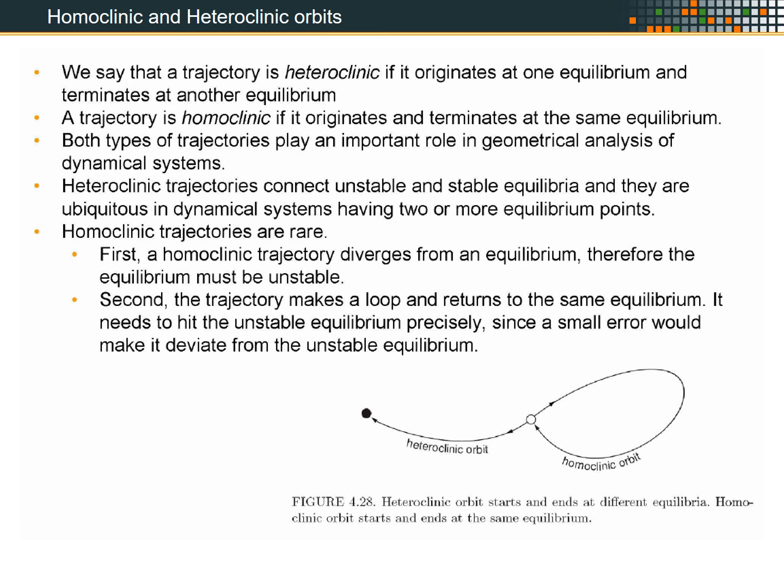We say a trajectory is heteroclinic if it originates at one equilibrium and terminates at another one, which you can see here. So it starts in one, here on the right hand side, and ends in another one. A trajectory, in contrast, is homoclinic if it originates and terminates at the very same equilibrium.